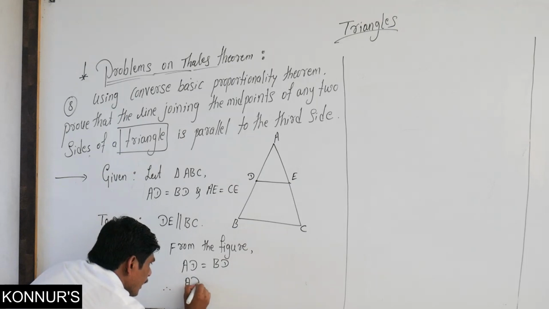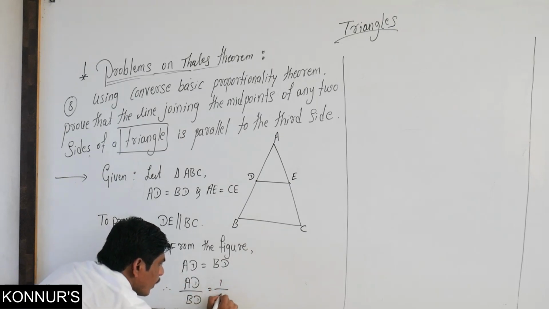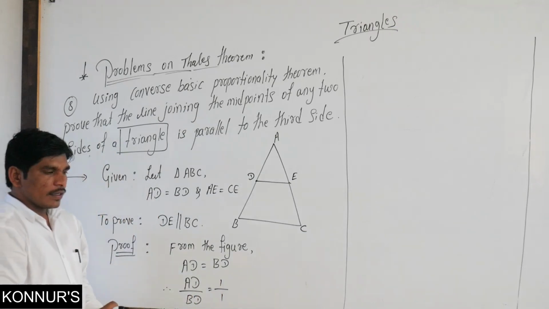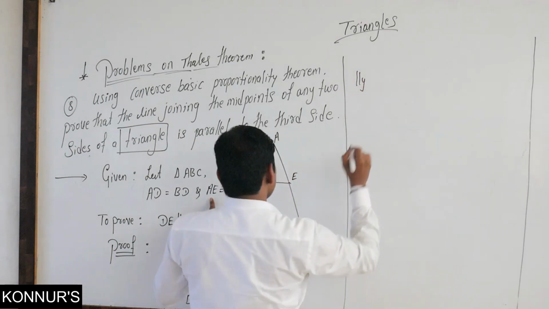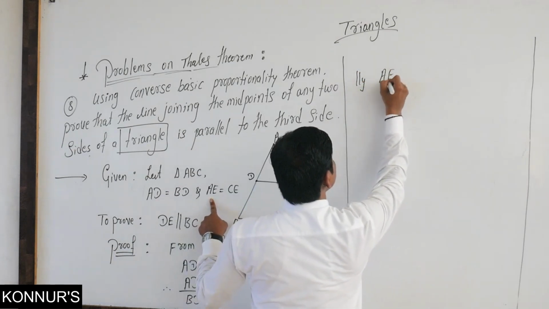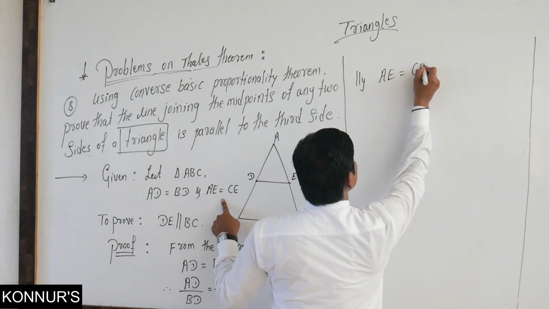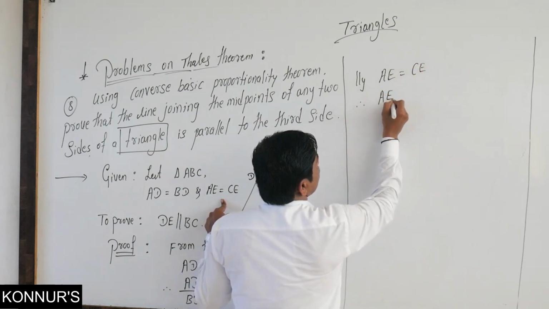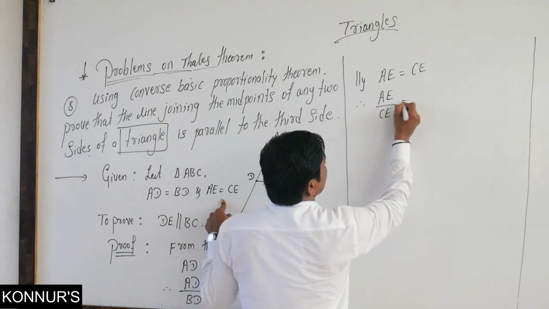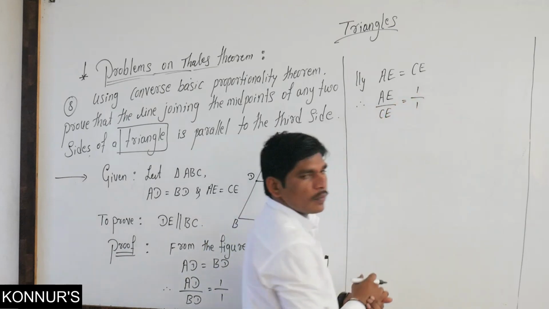Therefore, AD by BD is equal to 1 or 1 by 1. Similarly, one more given is AE is equal to CE. Again, therefore, AE divided by CE is equal to 1 or 1 by 1.